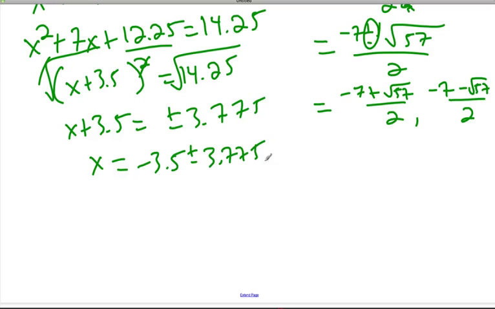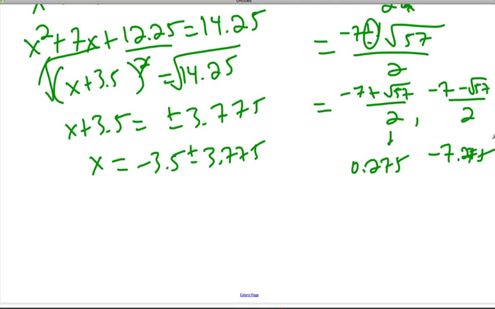And these don't look similar. But let me just assure you that the square root of 57 plus negative 7, divided by 2, this answer goes to about 0.275. And this other answer, I'm putting those in my calculator, by the way, negative 7 minus the square root of 57, divided by 2, is negative 7.275.